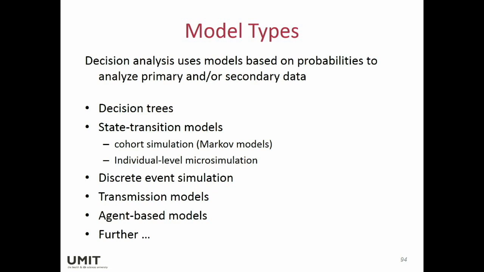The most simple form are decision trees, followed by state transition models that you could evaluate as a cohort model or a microsimulation model, modeling individuals. Then there is discrete event simulation, transmission models, agent-based models, infectious disease models, etc.